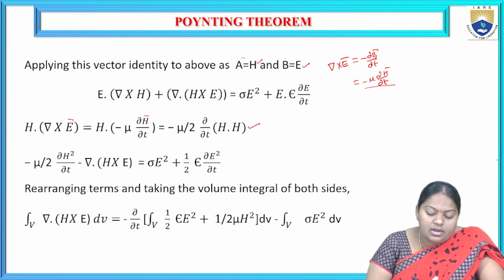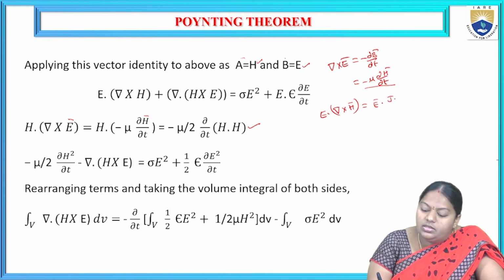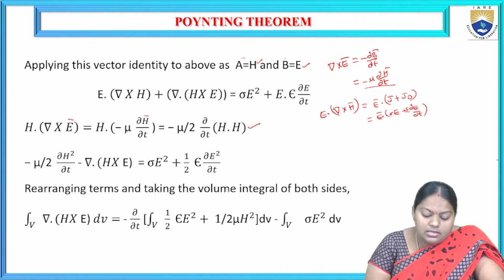Right? Similarly, that equation can also be written with epsilon, from this del cross h equation, E dot del cross h bar can be written as E dot del cross h, J plus J d, nothing but E dot sigma into E plus dou epsilon dou E by dou t. So if we simplify the equation with the dot, then that is the case also.